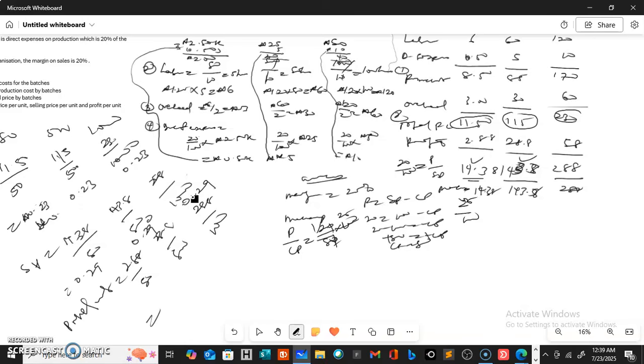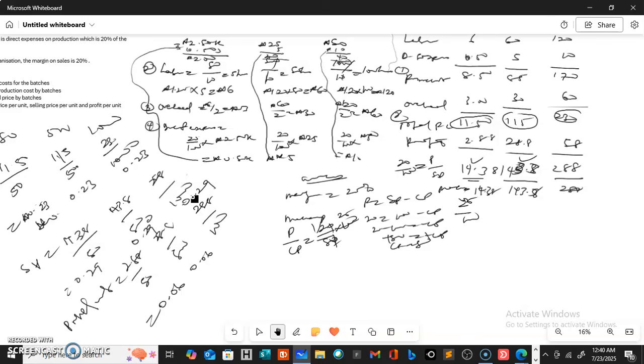For profit per unit, that is 2.88 divided by 50, that is 0.057, which is 0.06. 28.8 divided by 500 also gives us approximately 0.06.